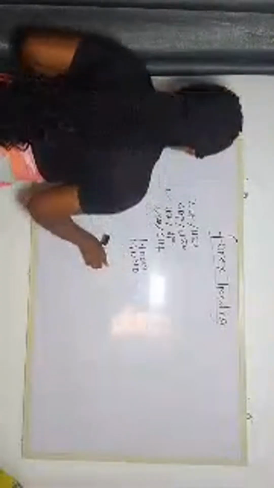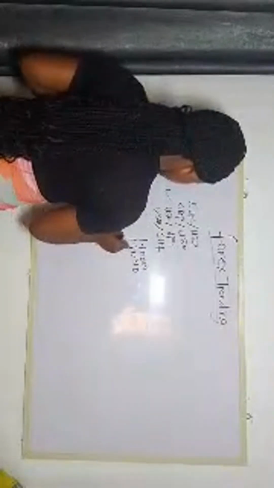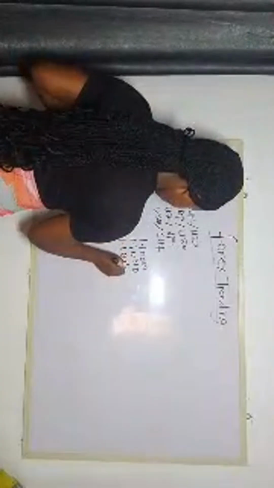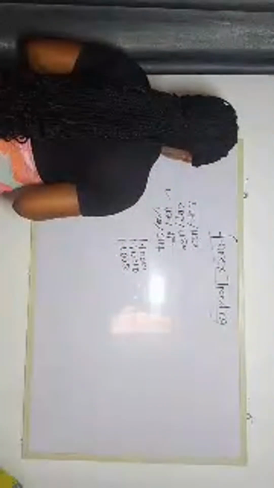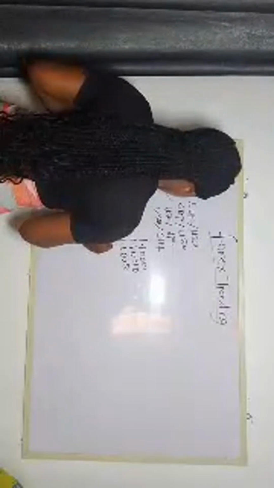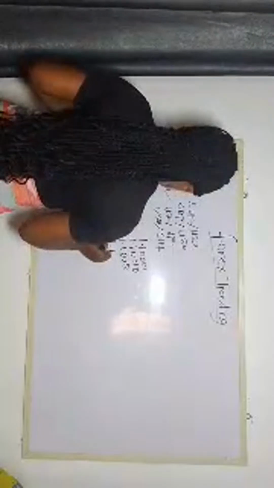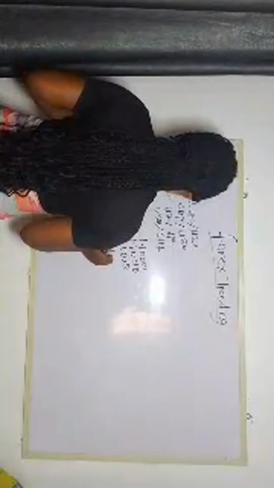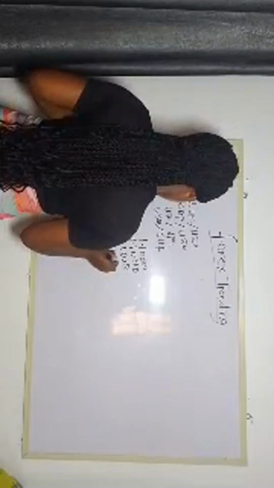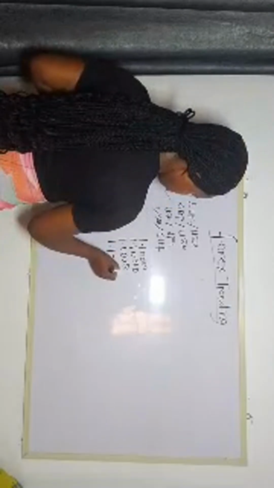For example, if this moves to 1.1005, it is 5 pips. And if it moves to 1.1010, it is 10 pips.